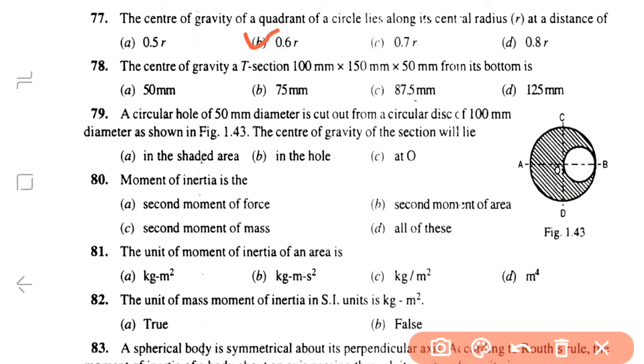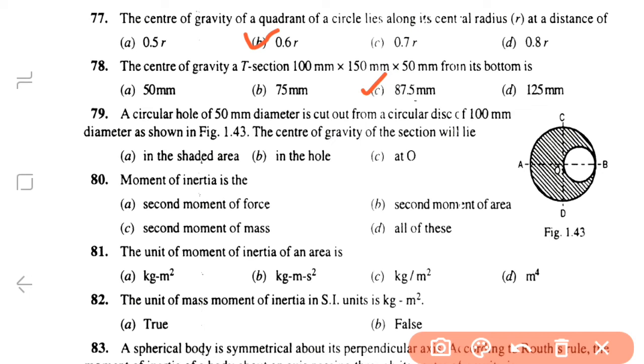Next is: the center of gravity of a T section 100 mm by 150 mm by 50 mm from its bottom is, here friends, these are the options, and here the correct answer is option C, that is 87.5.